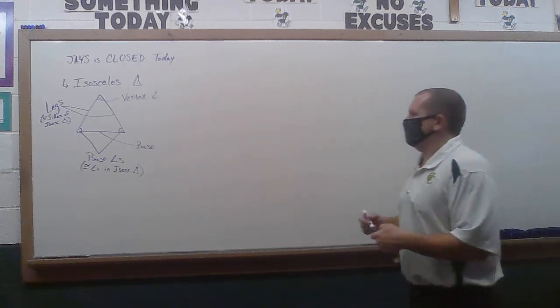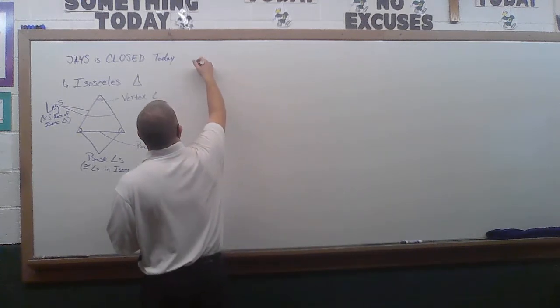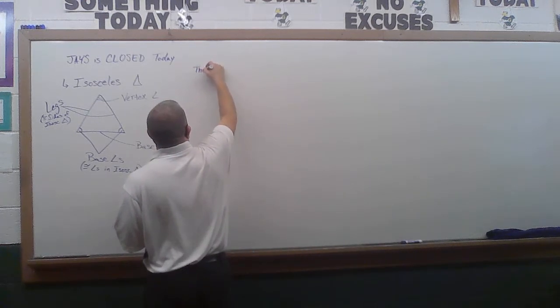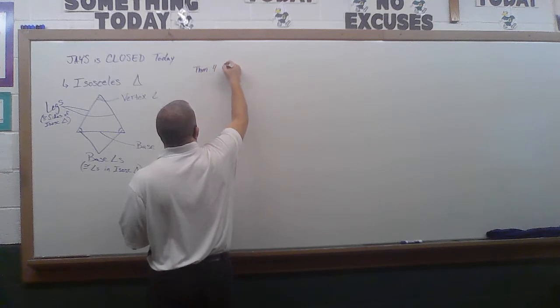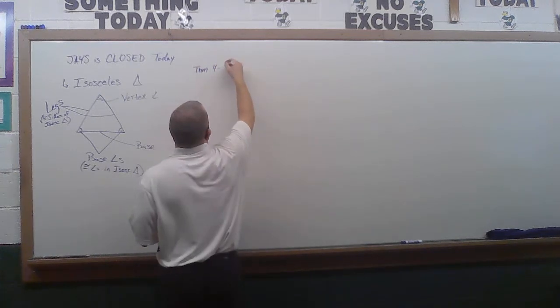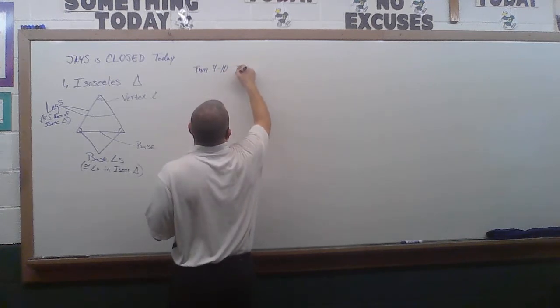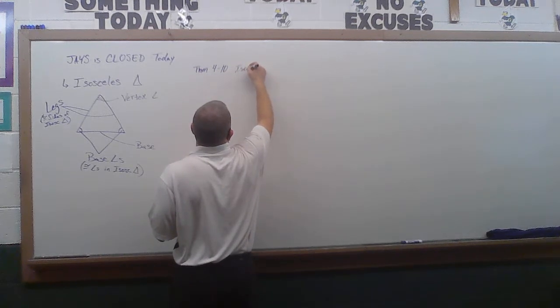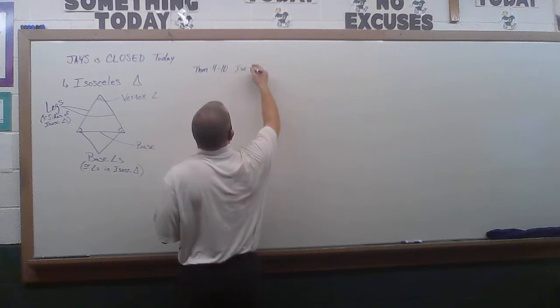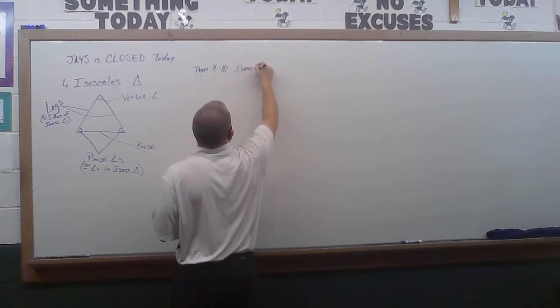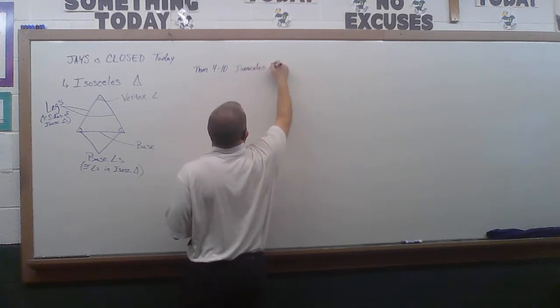So this leads us to two theorems. And this one you got to be kind of careful because you're going from one to the other. So this is my isosceles triangle theorem.